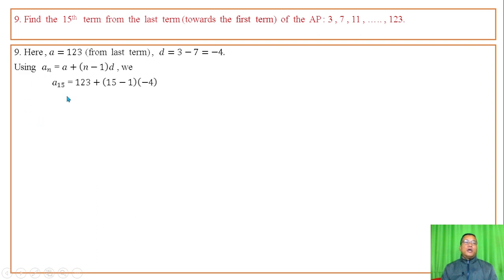Using this formula, we have a 15 equals the last term's a, 1 2 3, plus 14 times d, which is minus 4. Simplifying, a 15 is 67. The 15th term from the last term is 67.